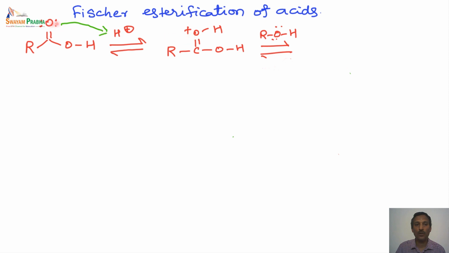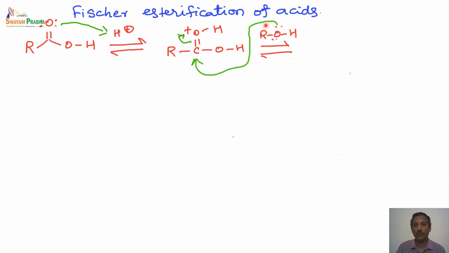Once a proton adds to the oxygen, we have an oxonium ion as shown here. The oxygen is electronegative, we already know. So in that case, the carbon-oxygen double bonded electrons are pulled towards the oxygen, which makes this particular carbon electron deficient.